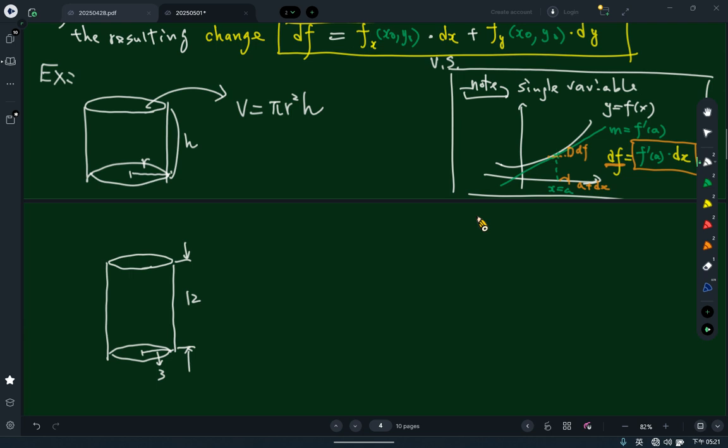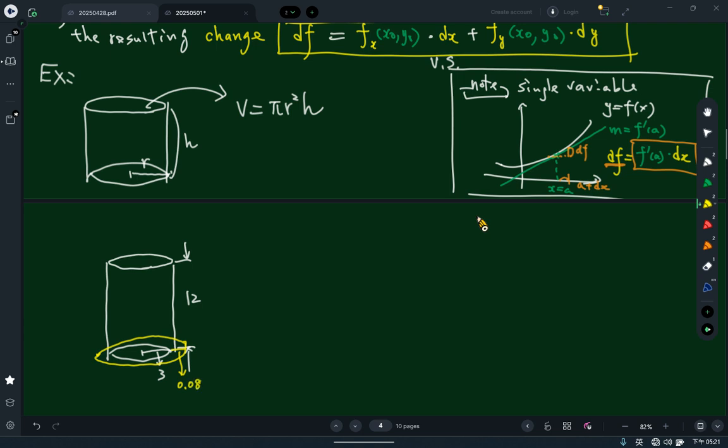So if we slightly increase its base, we just increase it by 0.08.